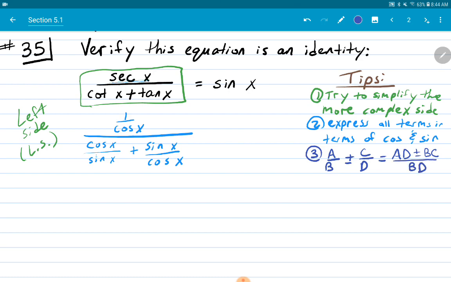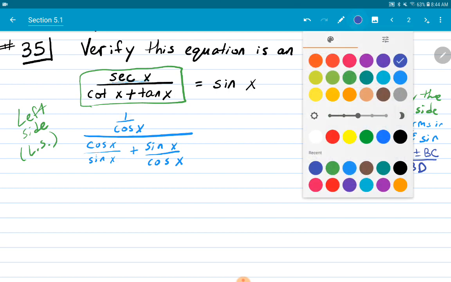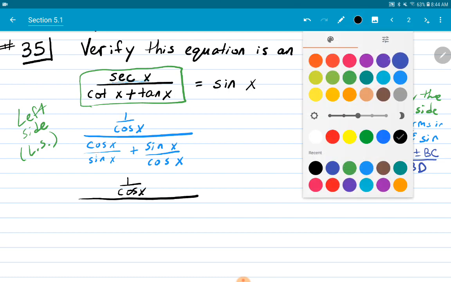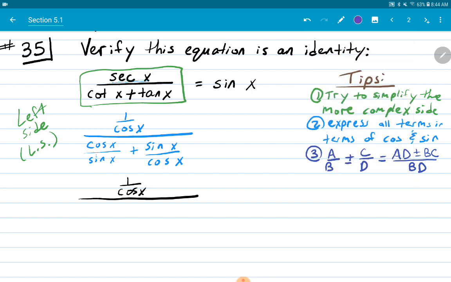So I'm going to apply that to the denominator here. The numerator I'm just going to copy down. I'm not going to do anything to that for right now. And the denominator, I'm going to add together. So A is going to be cosine of x, and B is sine of x, C is sine of x, and D is cosine of x.